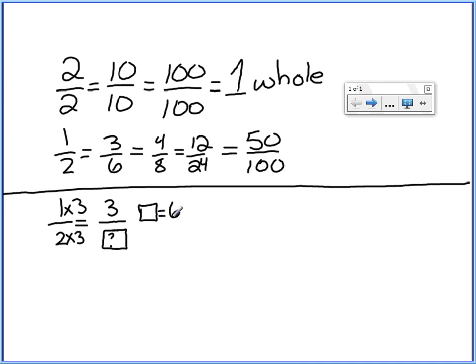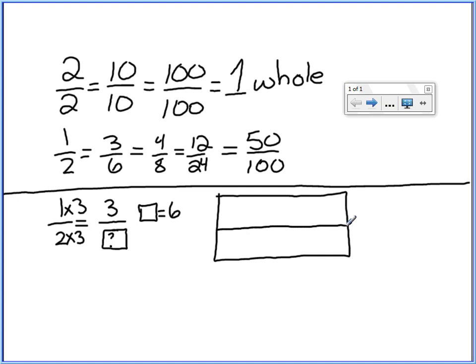Now, if you don't believe me, I'm going to draw this out. In this top box, I'm going to draw 1/2, and I'm going to shade in 1/2. In this bottom box, I am going to put 3/6, and I'm going to shade in 3 of those 6's.